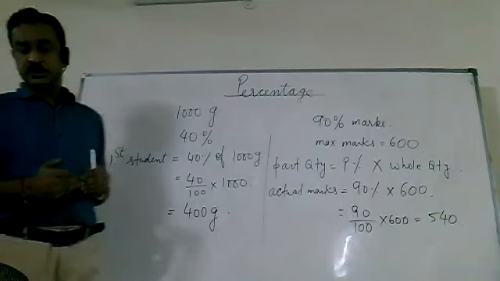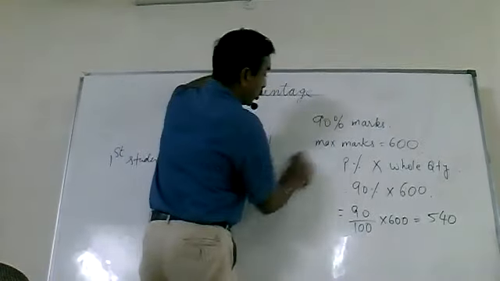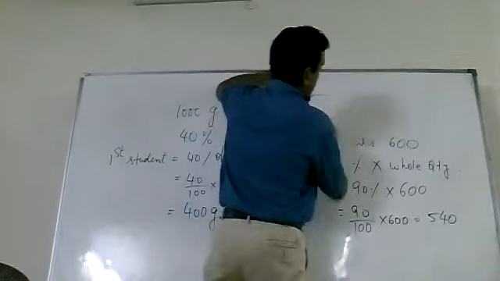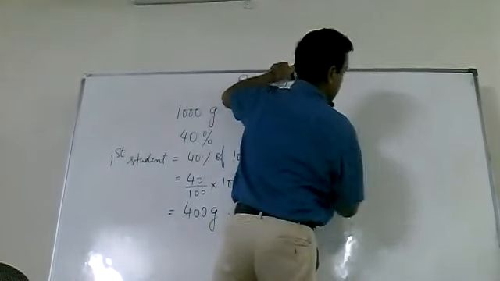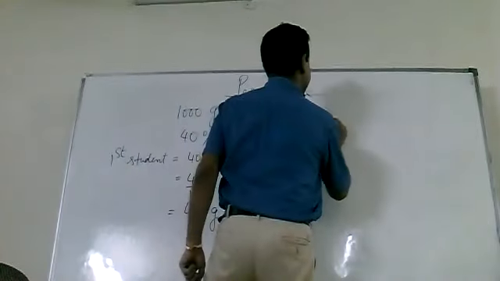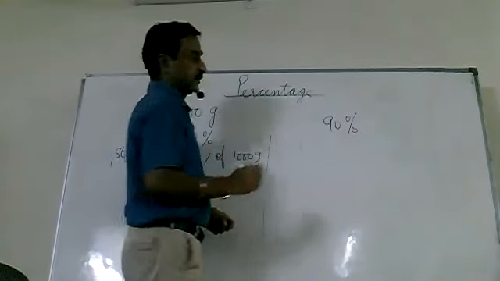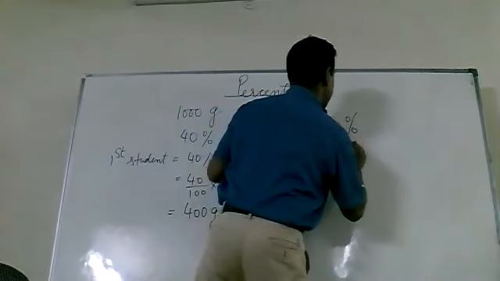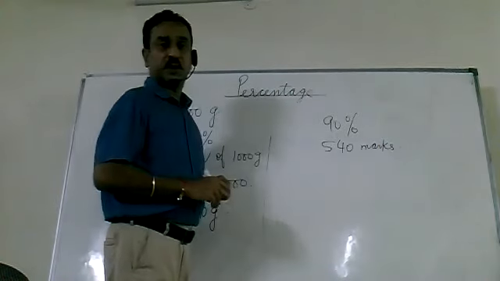The second aspect could be you have to calculate the whole quantity when the part quantity is known. For example, a student says, I got 90% marks, and he says in actual he got 540 marks.